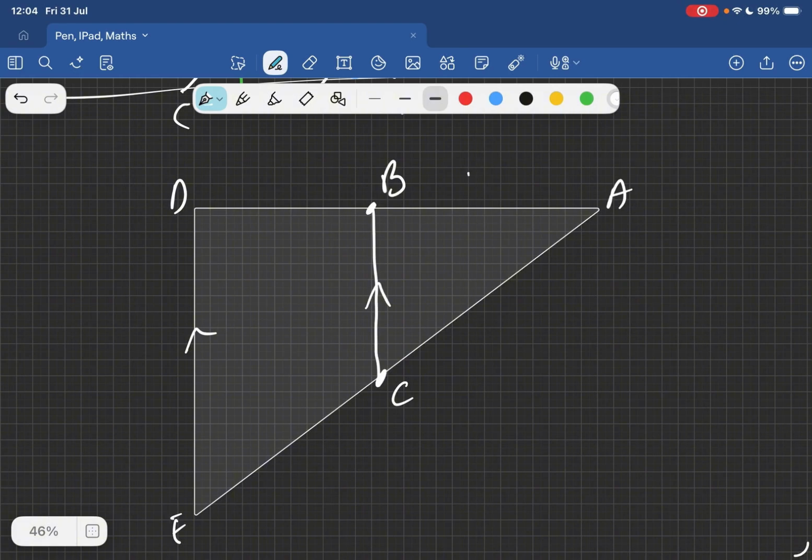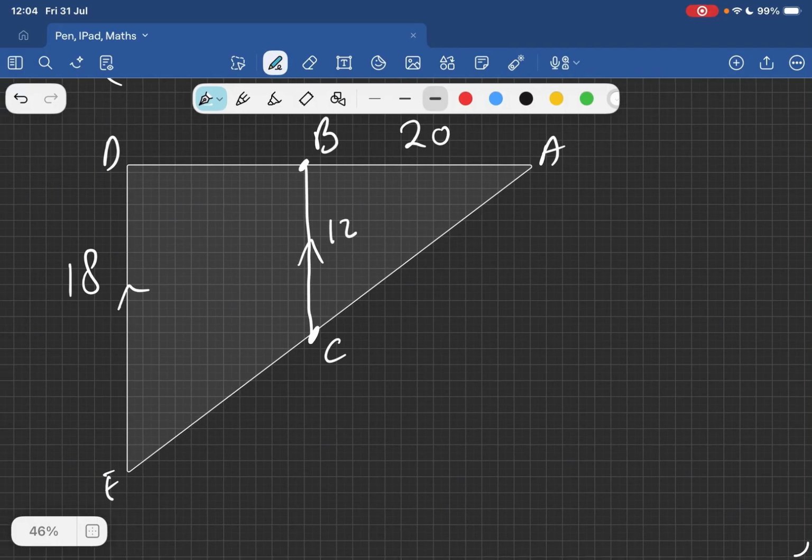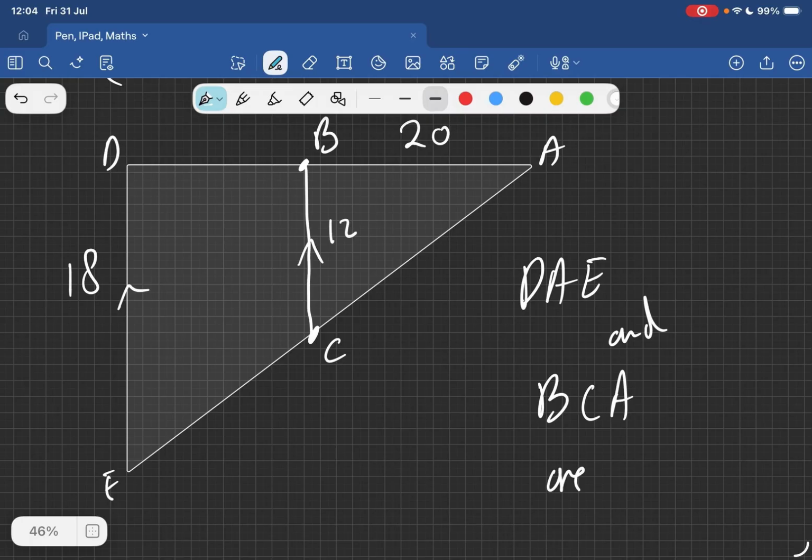AB is going to be 20, BC is going to be 12, and DE is going to be 80. You're told that triangles DAE and BCA are similar. So your inside triangle is similar to your big outside triangle.